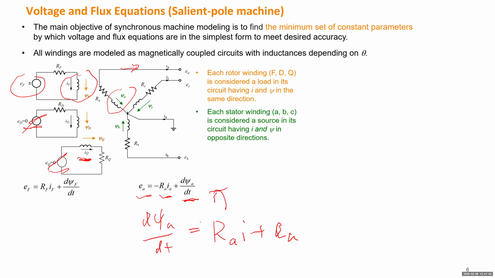If we move the RA times I to the left-hand side, that's the same. If you compare this equation to the voltage equation for the field winding, they look very similar, but the current, as I said, takes the opposite direction to the flux linkage, so there will be a negative sign.